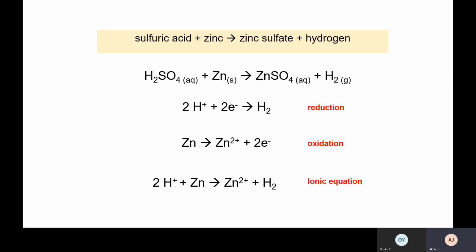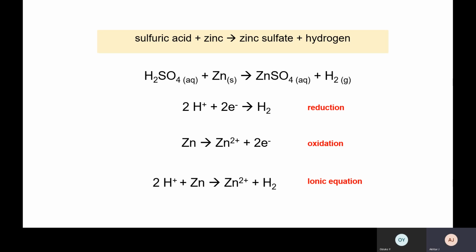So we've got sulfuric acid plus zinc will make zinc sulfate plus hydrogen. Remember the formula for sulfuric acid is H2SO4. Our half equation for the reduction of hydrogen is the same.